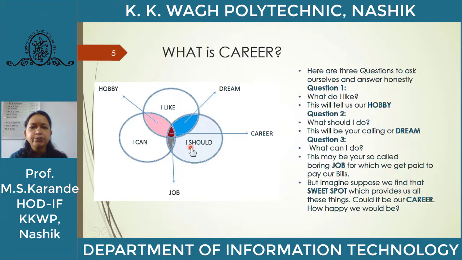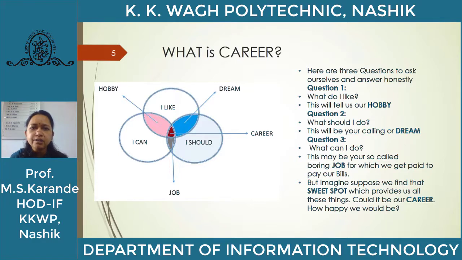Okay, as this is illustrated in this diagram. So what you like, what you should do, and what you can do. This is the sweet spot here. And this sweet spot, red spot, is nothing but your career, right? You have to very carefully choose your career because you are going to work in that particular field for a very, very long time.